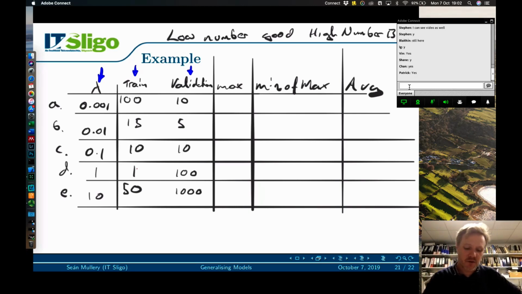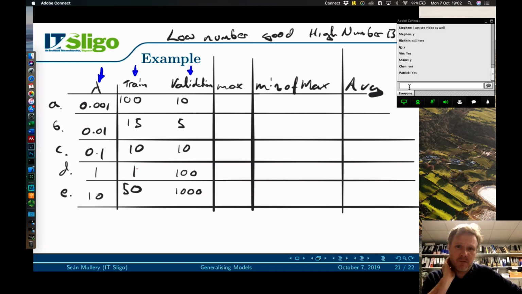So let's imagine that you've got a train error that goes something along the lines of 100, 15, 10, 1, 50, and your validation loss is 10, 5, 10, 100, 1000 for each of these different combinations. Just to state that this is a loss, so a low number is good and a high number is bad.